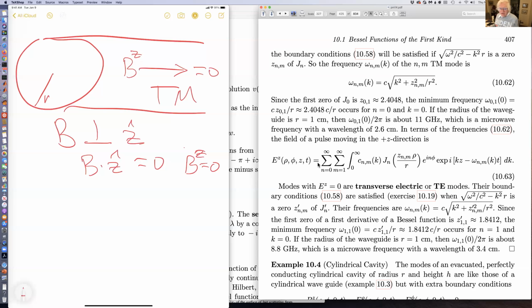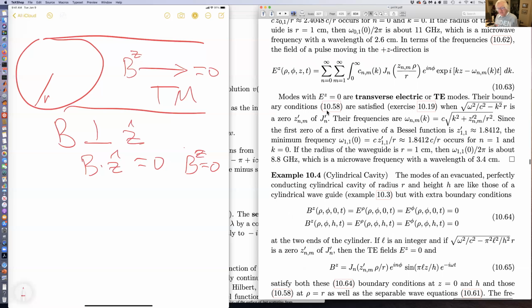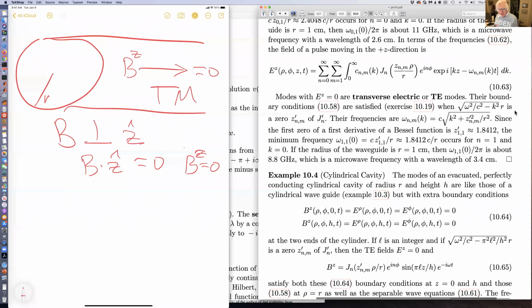And then for an arbitrary TM wave function, the electric field in the z direction is given by this expression here. On the other hand, if you set EZ equal to 0, then you're saying that E is transverse, and these are the TE modes. Those boundary conditions are satisfied when this is a 0 now of J prime.